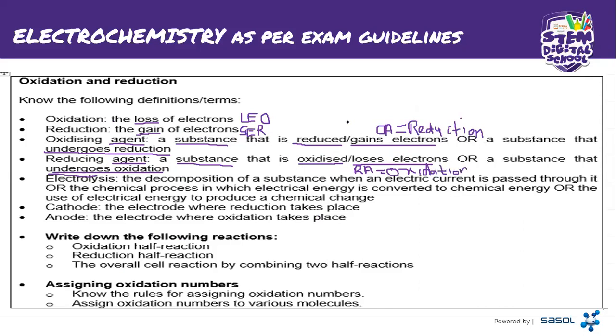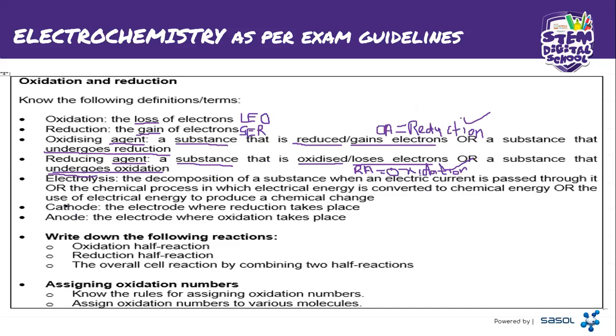So you can't say oxidizing agent with oxidation, or say reducing agent with reduction. That's not how it works. It is oxidizing agent with reduction. That's the correct one. Reducing agent, it goes with oxidation. Are we clear? So that's a nice tip for you to remember.